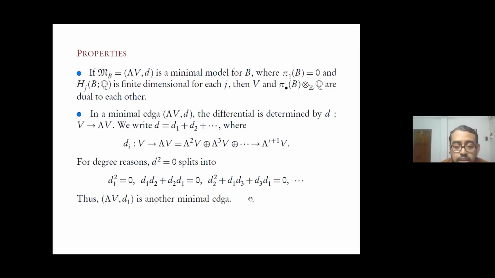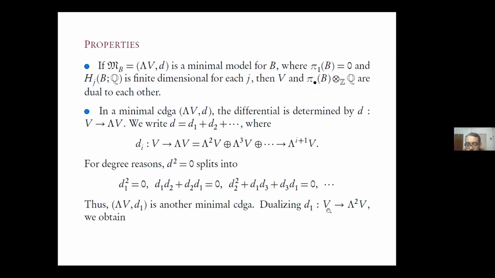We are going to see examples of what this is in a moment, so just bear with me. If I dualize this map, remember D1 is what? It's the map from V to wedge of V, and then projecting that to wedge 2 of V. So D1 is literally a map V to wedge 2 of V. If I dualize this map, what do I get?